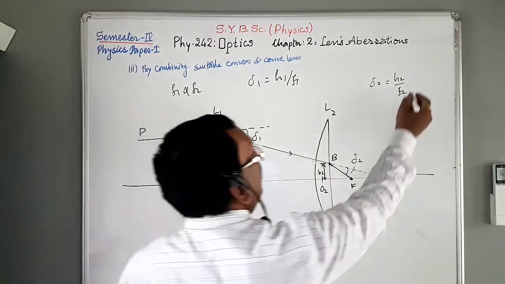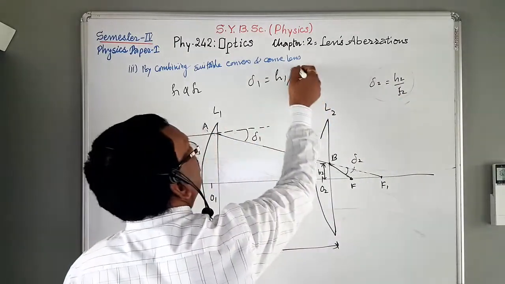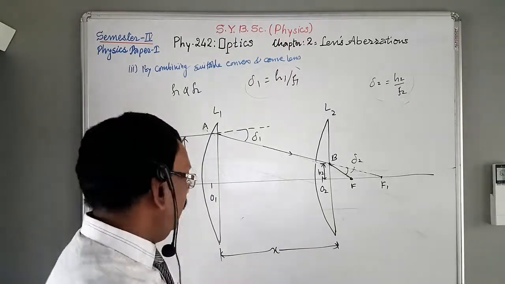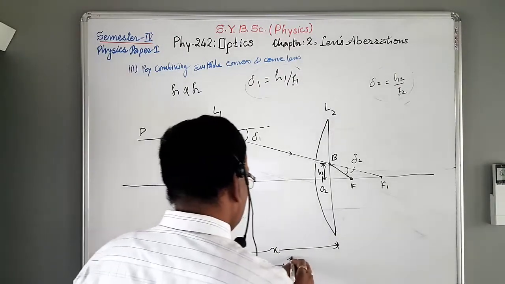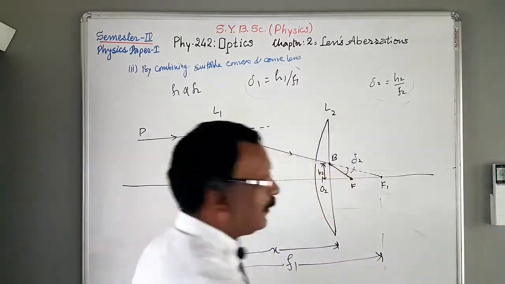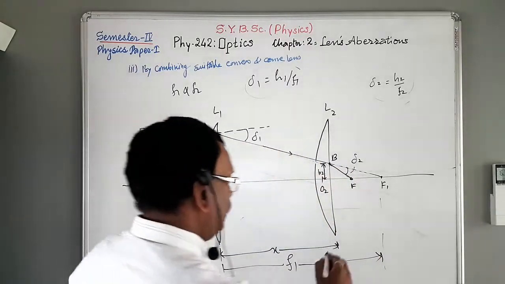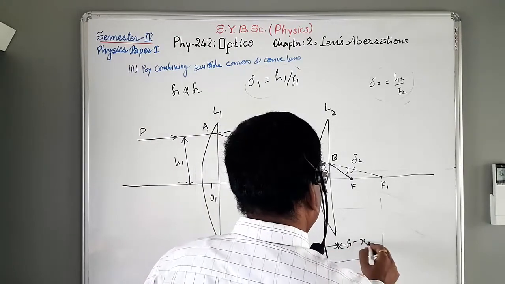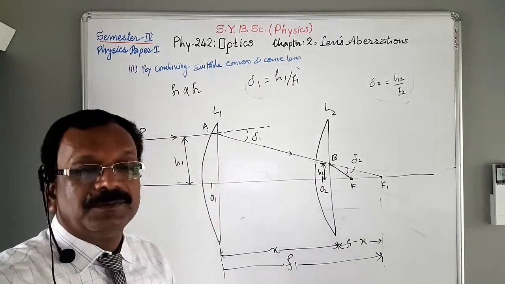So this is the deviation produced by the second lens. This is the deviation produced by the first lens. And this is the focal length of the first lens, and this is f1 minus a. This is the distance from the figure.